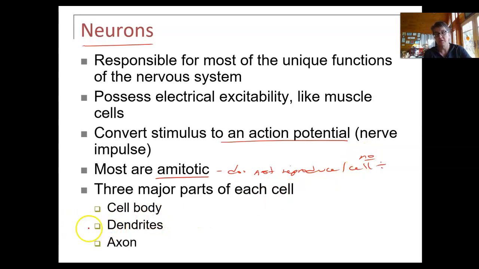And like we said, there are 3 parts. There are the dendrites. They usually receive. They have the sensory receptors located on dendrites, the cell body, and then the axon with the axon terminals, synaptic end bulbs. They generate the impulse for sending it away.